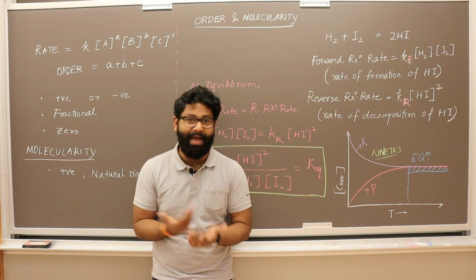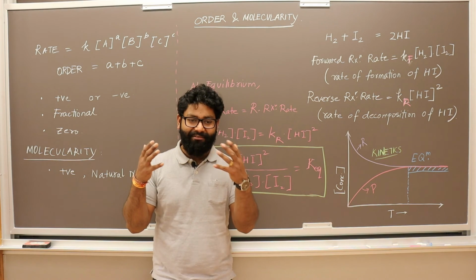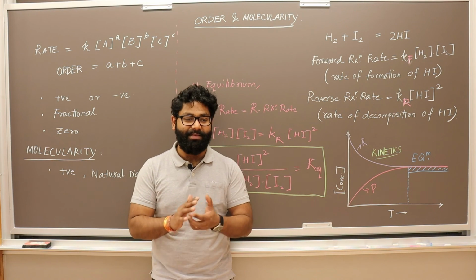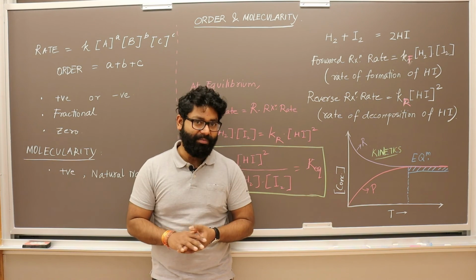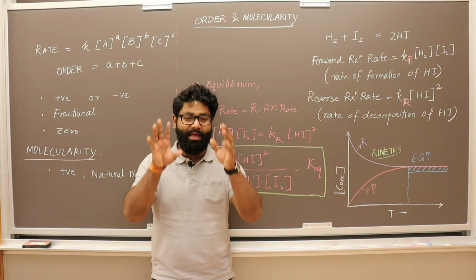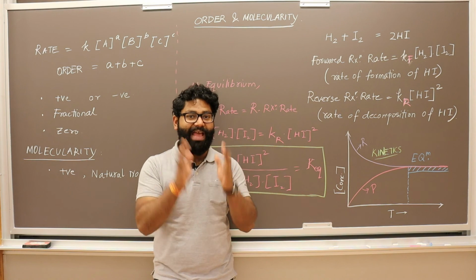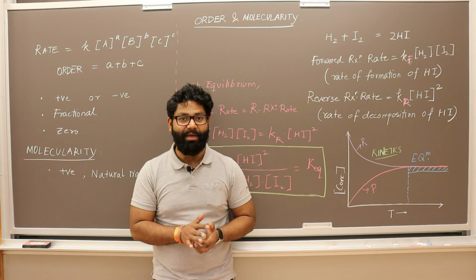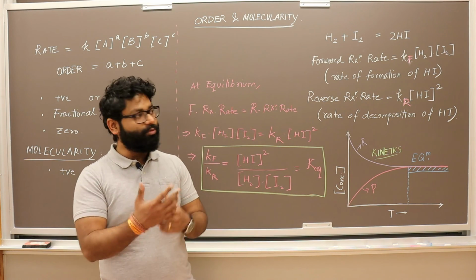Maybe they need more time to react, right? So if you have a static system, that doesn't mean that the reaction is at equilibrium. If the concentrations are not changing, that is not foolproof evidence of a reaction at equilibrium. It might be slow. It might need just more time.